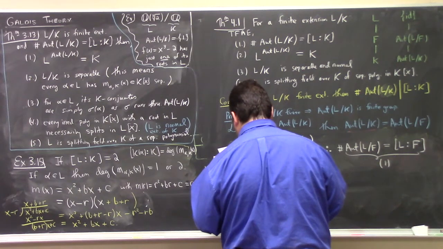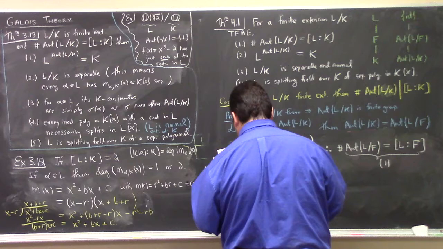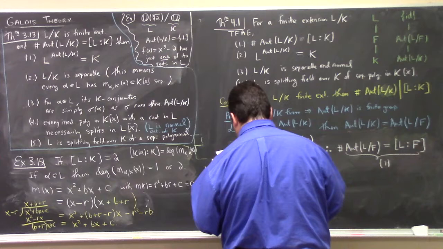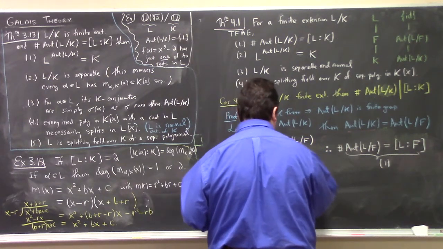It divides the degree. But we do know that the degree of L over K is equal to the degree of L over F, oh look at this, and F over K.